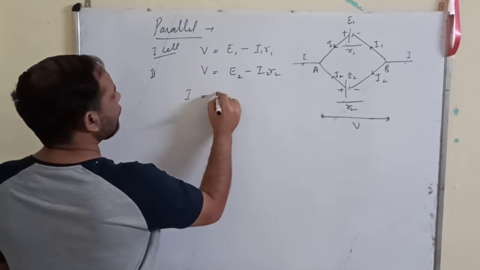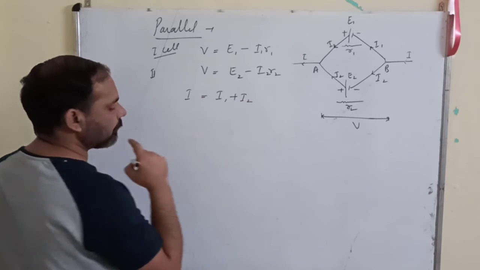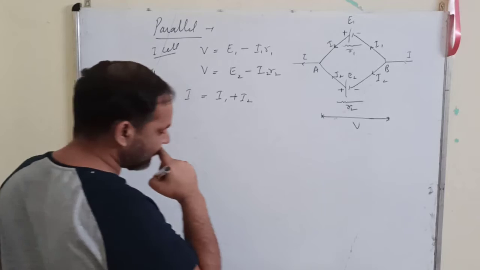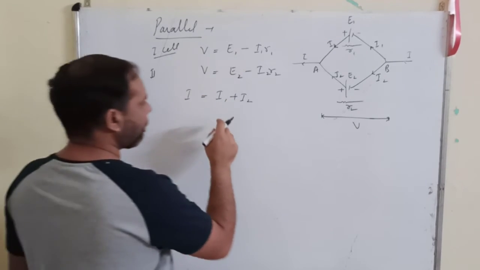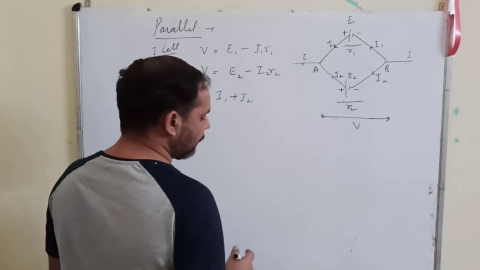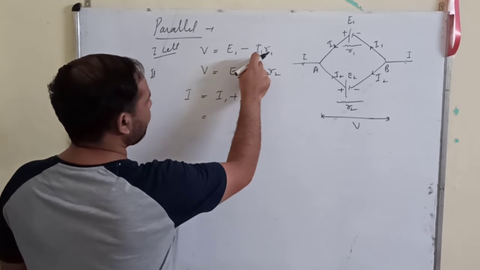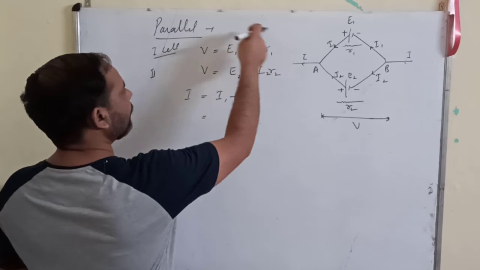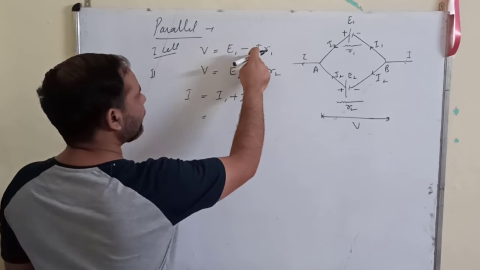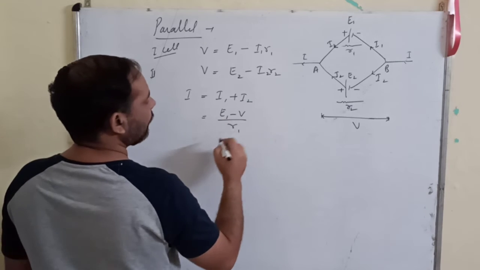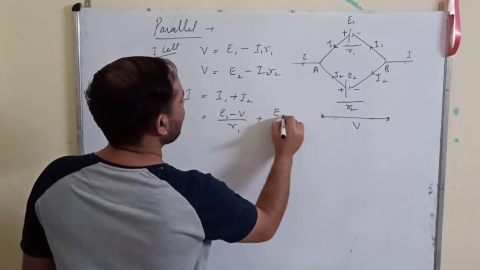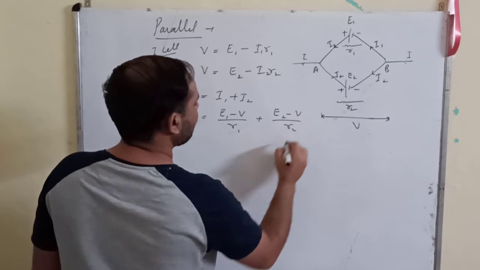Now here I is equal to I1 plus I2. So we will substitute the values here. I1 will be E1 minus V upon R1, and I2 will be E2 minus V upon R2.